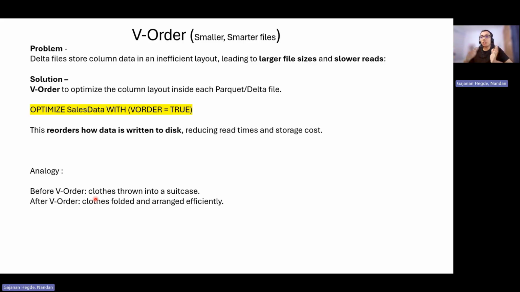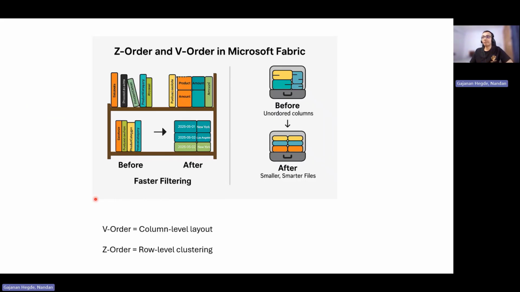But once I execute V order, I am properly folding and arranging them efficiently within my suitcase. So in a pictorial representation, one can consider Z order as column level layout and ordering, whereas V order is proper row level clustering.